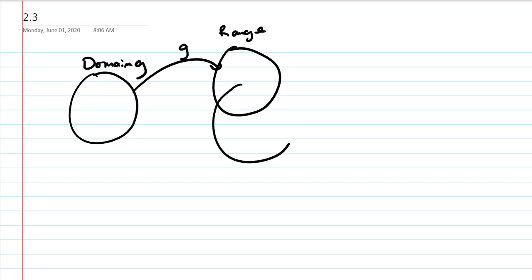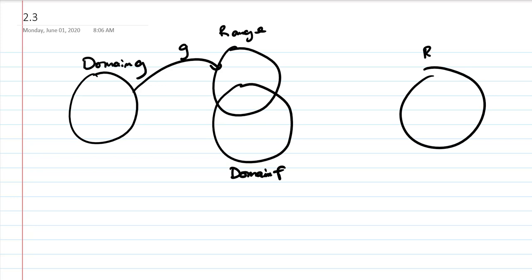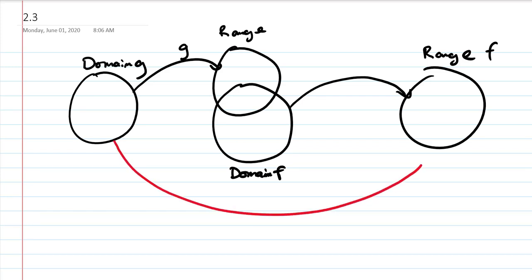Then we're going to have another function, f, with its domain. So we have the domain of f, and we're going to have the range of f. And f takes things from its domain to its range. The idea of function composition is instead of stopping here in the middle, we're going to go directly from the domain of g to the range of f.